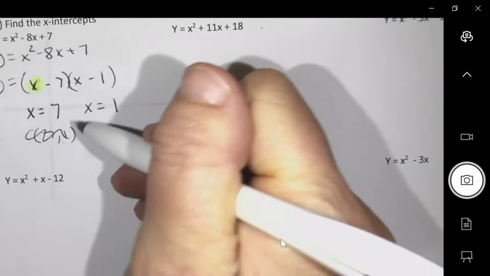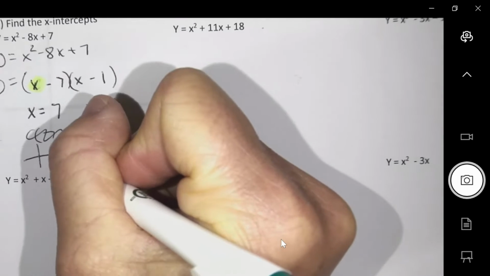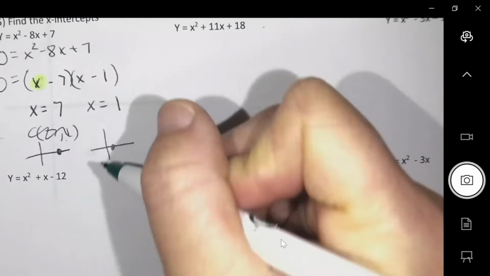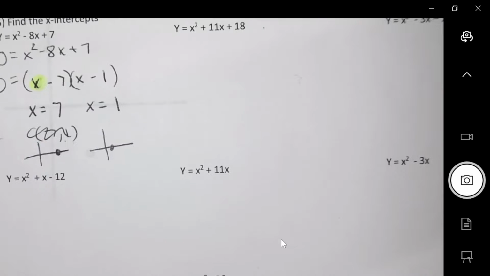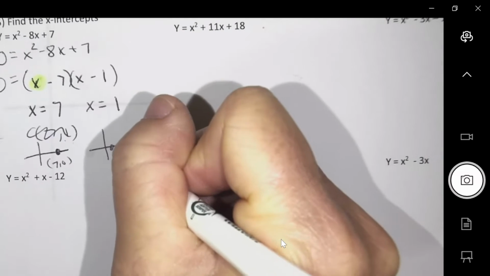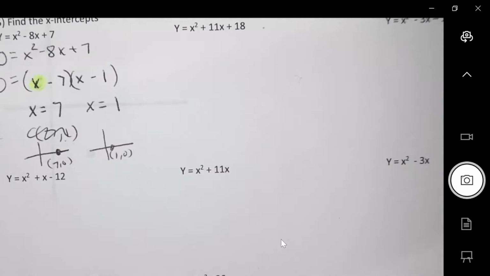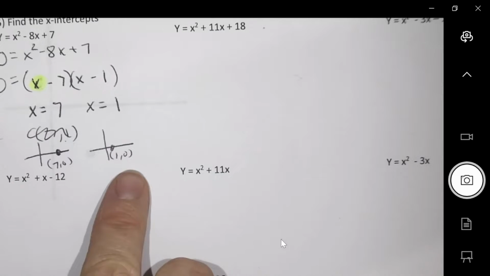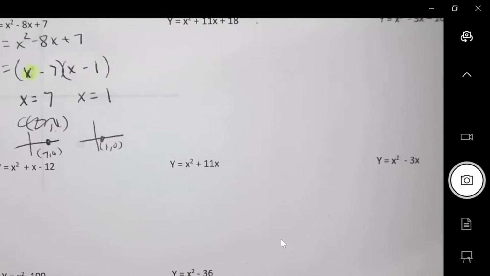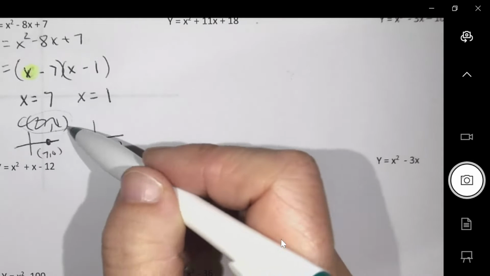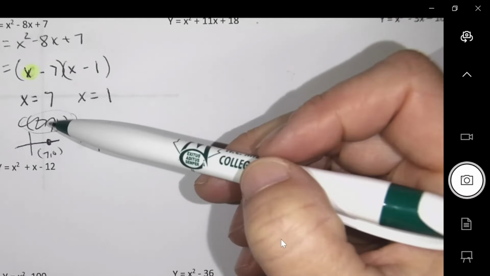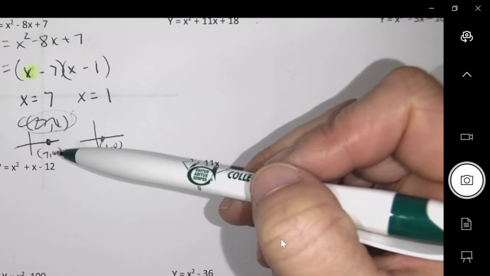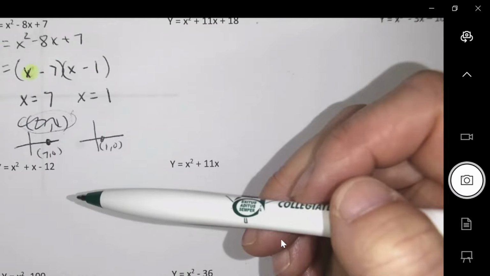I'm looking for two separate x values. Technically, your points would be 7, 0, and 1, 0. Those would technically be your points. You don't have to write the points if you want to just write the x values, but do you notice that it might not seem like a big deal to you, but putting brackets on those numbers creates a whole different point.